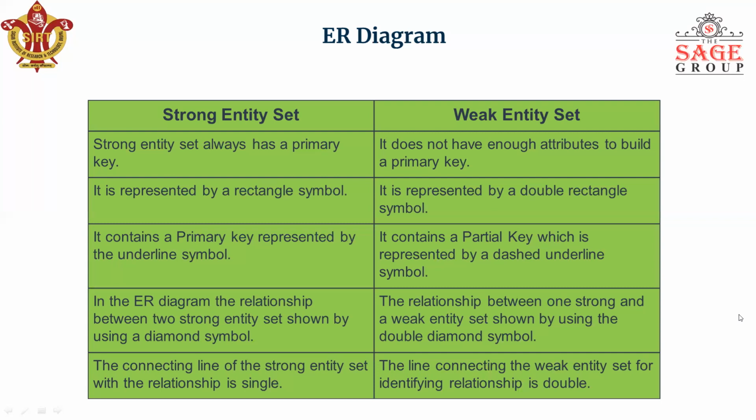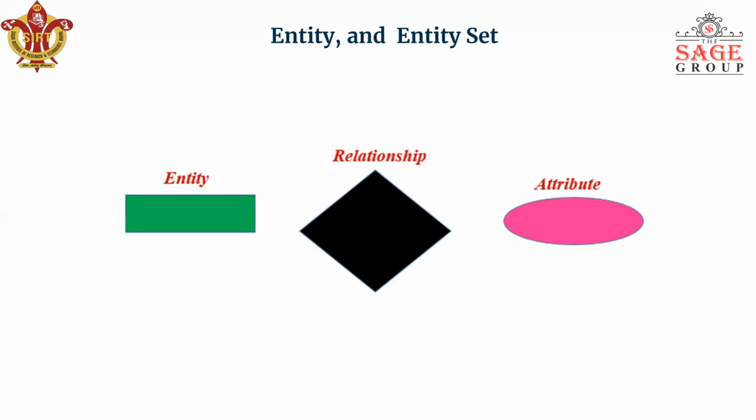Last point: the connecting lines of a strong entity set with a relationship are single, and in a weak entity set, the lines connecting the weak entity set for the identifying relationship are double.